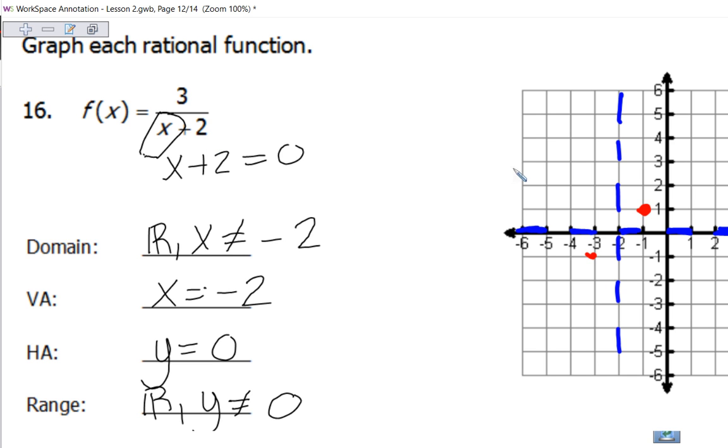So instead of going up 1, what is 1 times 3? 3. So that point actually goes up to 3. And this point, instead of going down 1, how many does it have to go down? 3. So over 1, down 3.